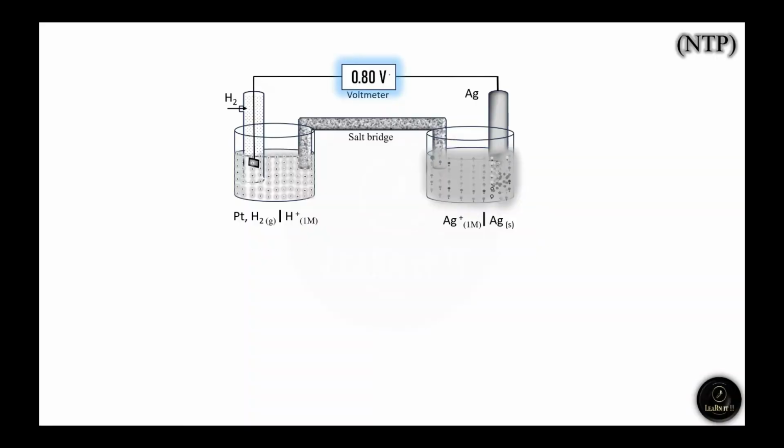This 0.80 volt is the standard reduction potential of the silver electrode.